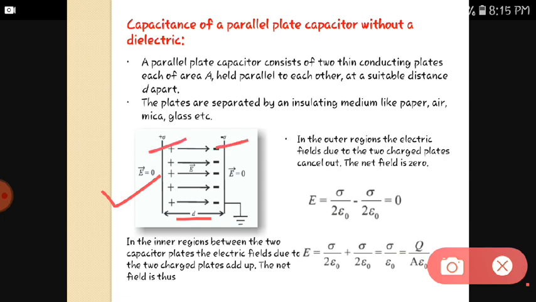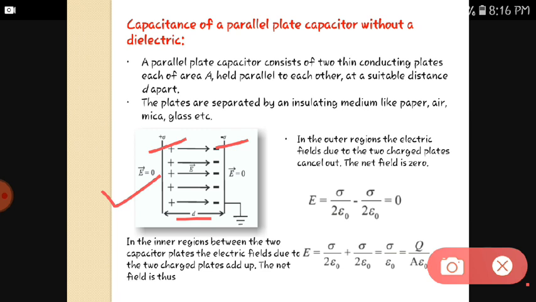Sigma and minus sigma are the surface charge densities on the two plates: plus sigma is the surface charge density of the first plate and minus sigma of the other plate. These two plates are separated by an insulating medium like paper, air or glass. Is this diagram clear to you all? What is in this diagram? Two parallel plates are there.